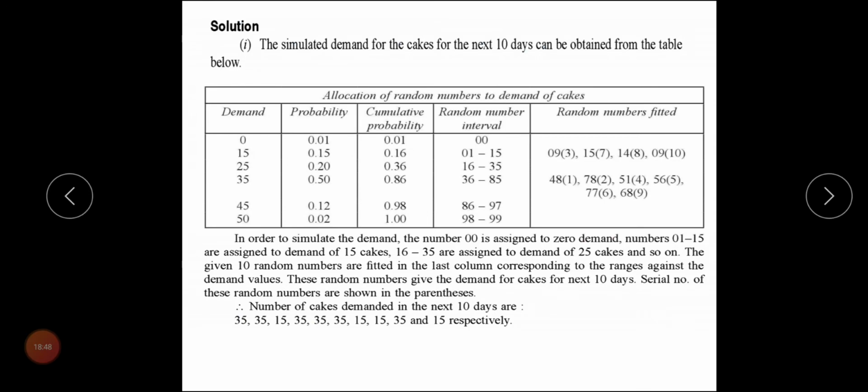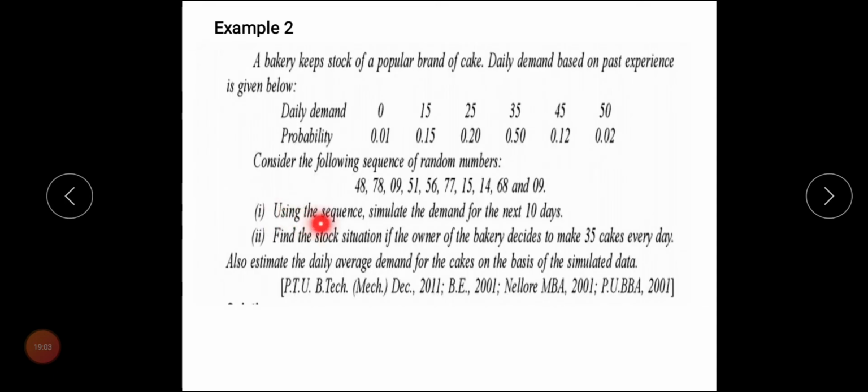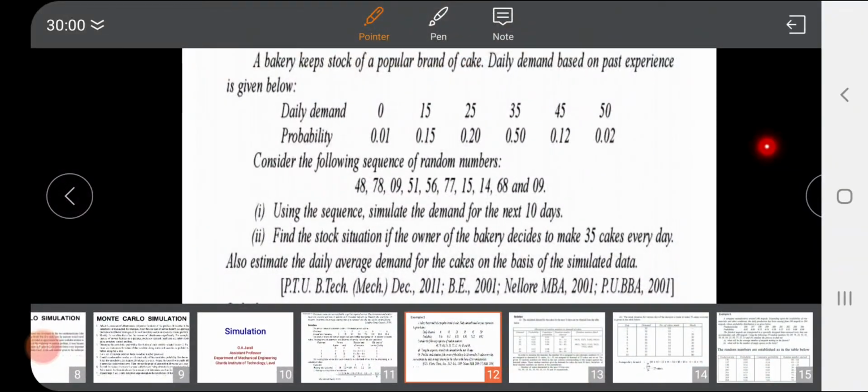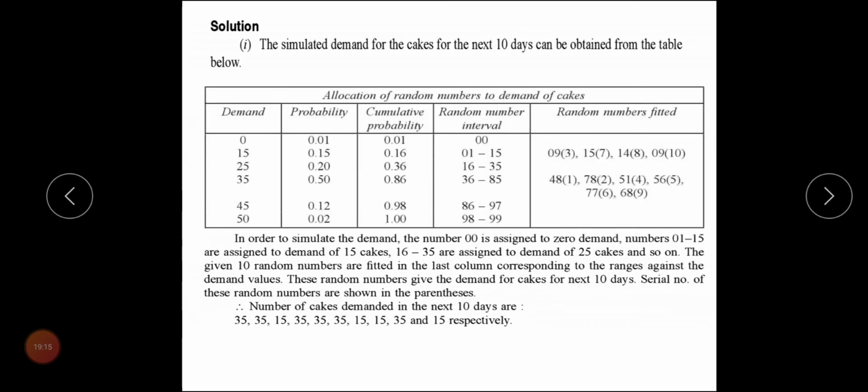With the help of this fitting of the random numbers, we decided the demand for the next 10 days. So this is the first answer: use the sequence to simulate the demand for the next 10 days.